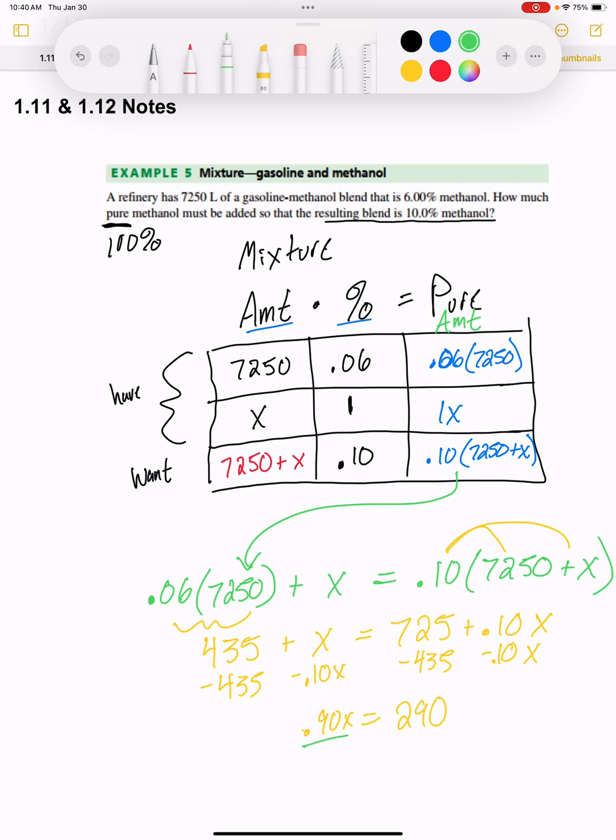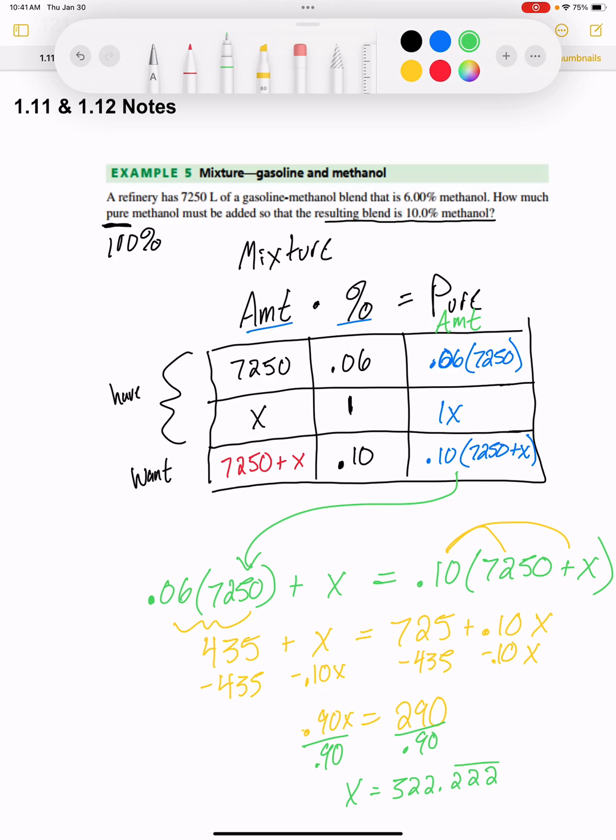We divide both sides by 0.90, and we got x equals 322.222 repeating. So what does this mean?